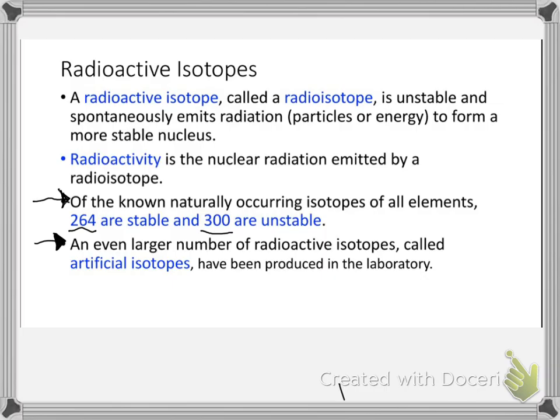So we're going to be looking at radioactive isotopes, how we write equations for their radiation emission, the different types of radiation, and something called nuclear fission and nuclear fusion, which are some common nuclear reactions.